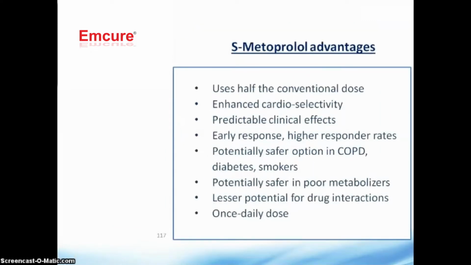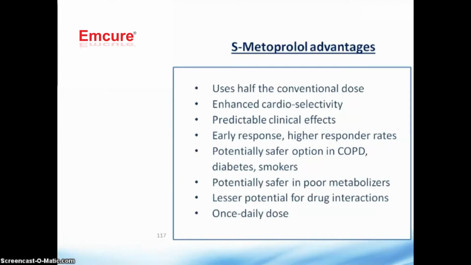So what is the offering by S metoprolol? As we have discussed in our topic of chirality, first of all, we use half of the conventional dose. It has enhanced cardioselectivity. It has predictable pharmacokinetic and clinical effects, early response, higher responder rates, and is a potentially safe option in COPD, diabetes, and smokers.